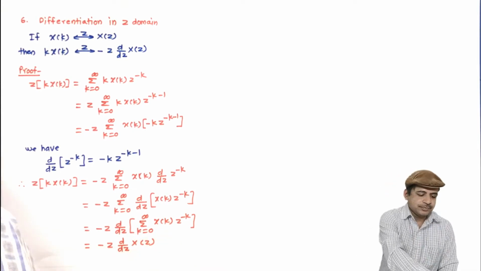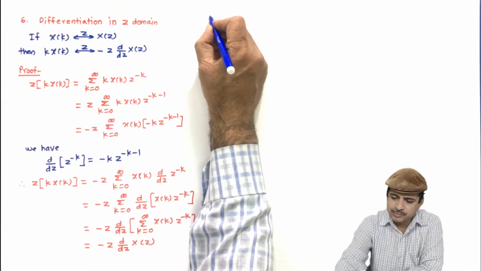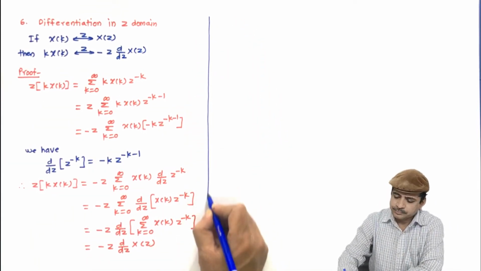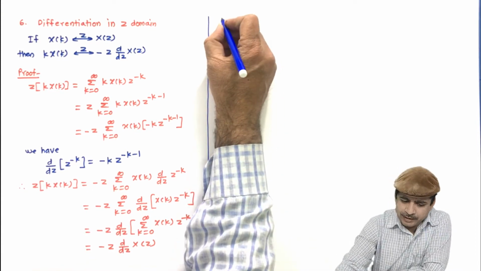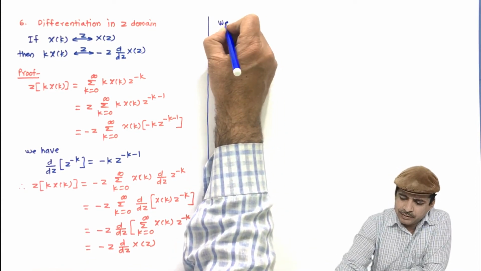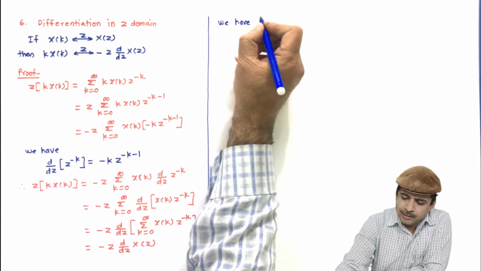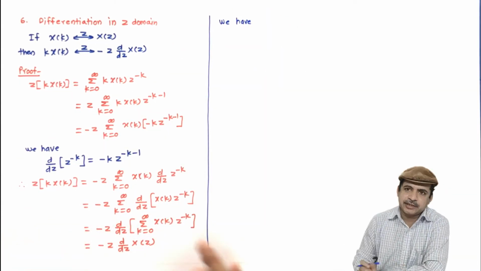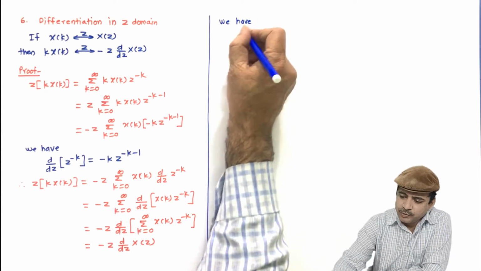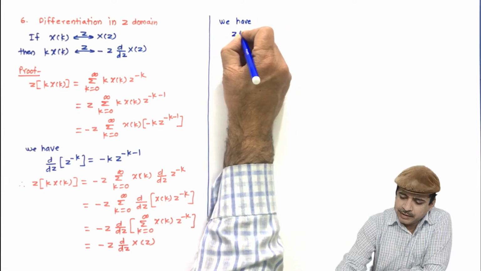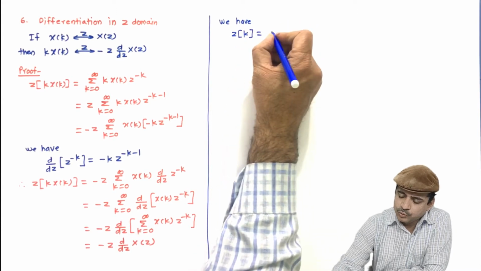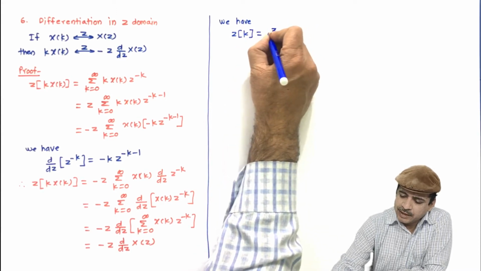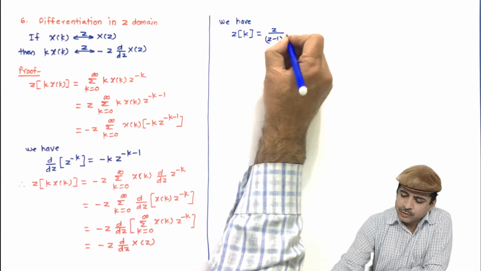And where is it used? Let us see one example. We already have it in the table of Z transforms of standard signals: the Z transform of k is equal to z upon z minus 1 whole square.